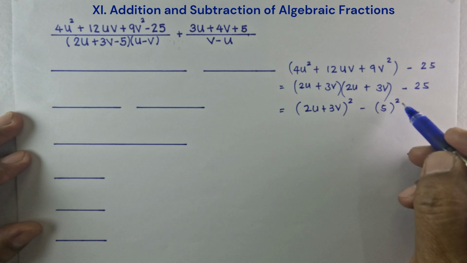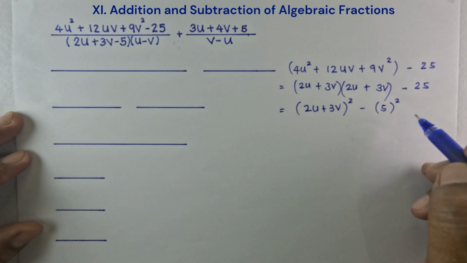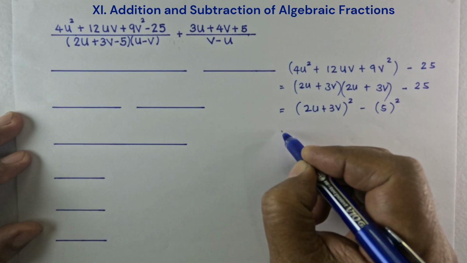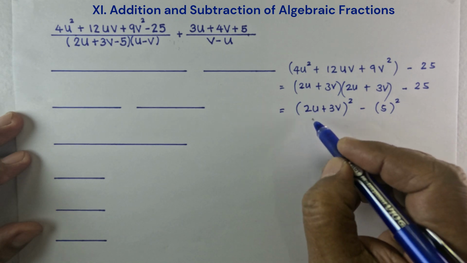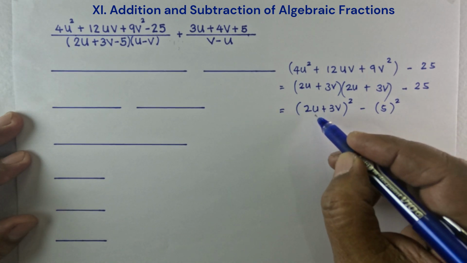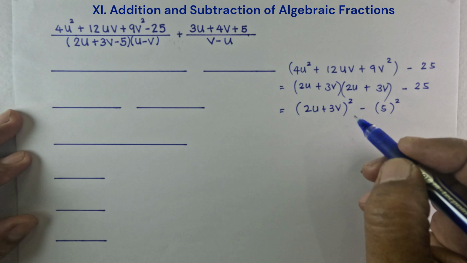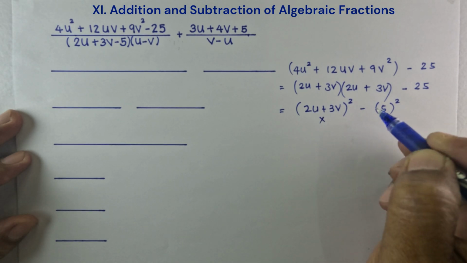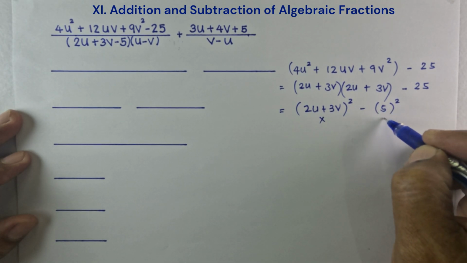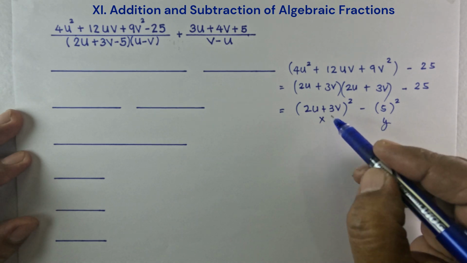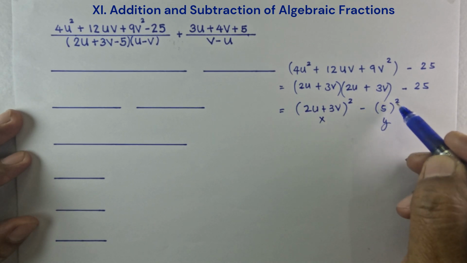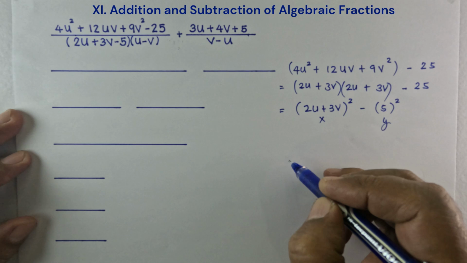Yeah, so 5 squared is 25. Now if I assume 2u plus 3v as x and 5 as y, we now have here x squared minus y squared.